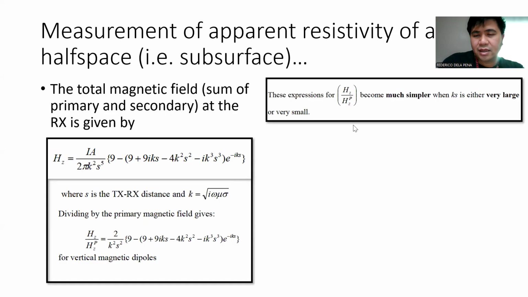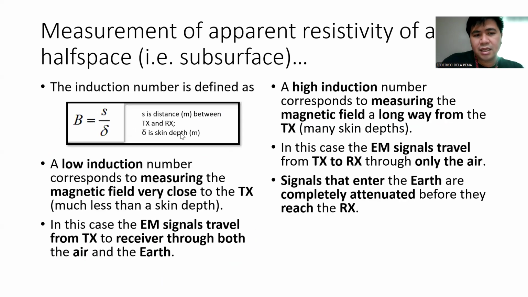Okay, and these expressions become much simpler with low induction numbers. So induction number is just a ratio between the distance between your transmitter and receiver and your skin depth.